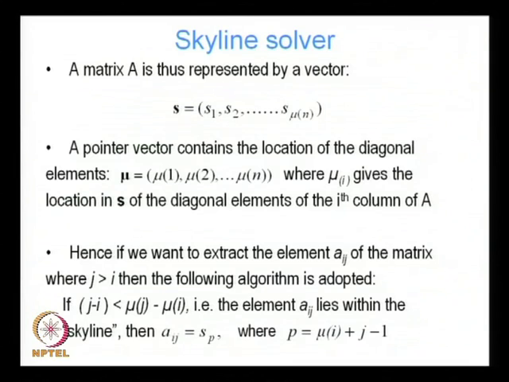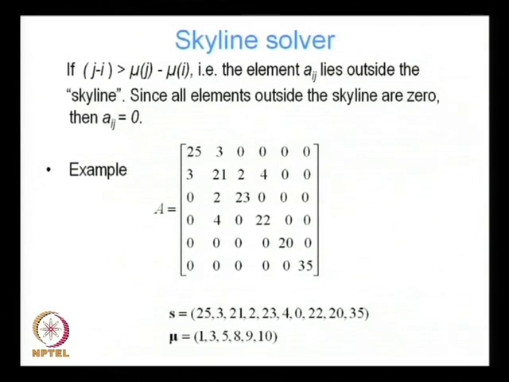This will become clear from an example which we are going to look at. If, on the other hand, j minus 1 is greater than mu j minus mu i, that is, the element aij lies outside the skyline, then we have not stored it in S, and by definition aij is equal to 0.